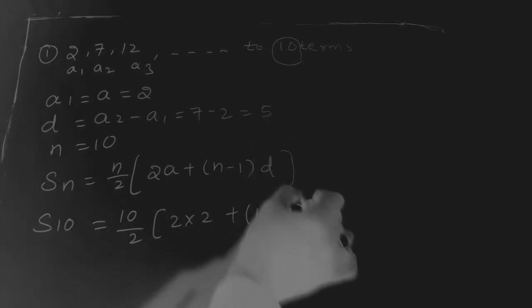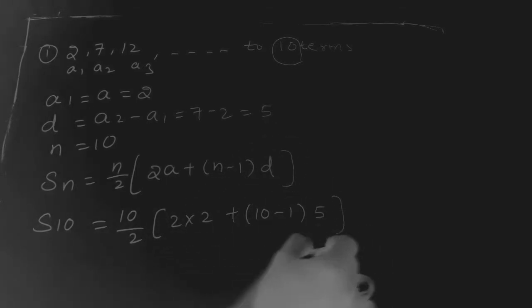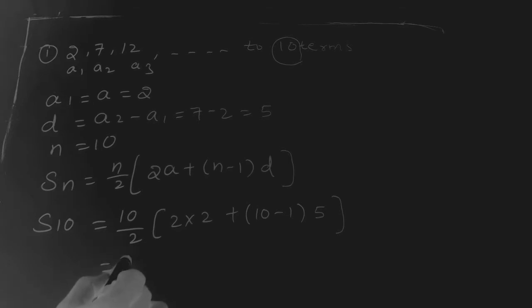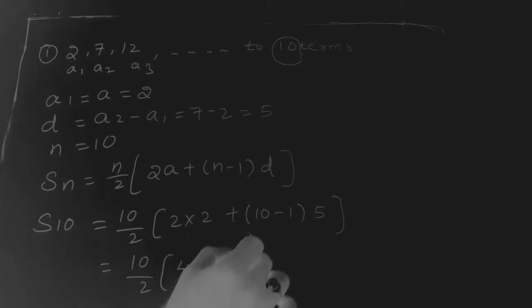What is the difference here? 5. So 10 by 2, next here 2 times 2 is 4, and this is 9 into 5.